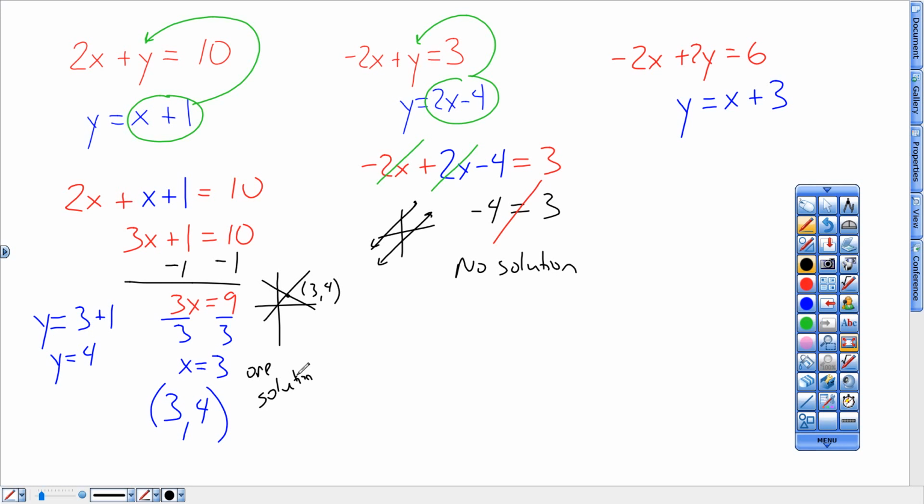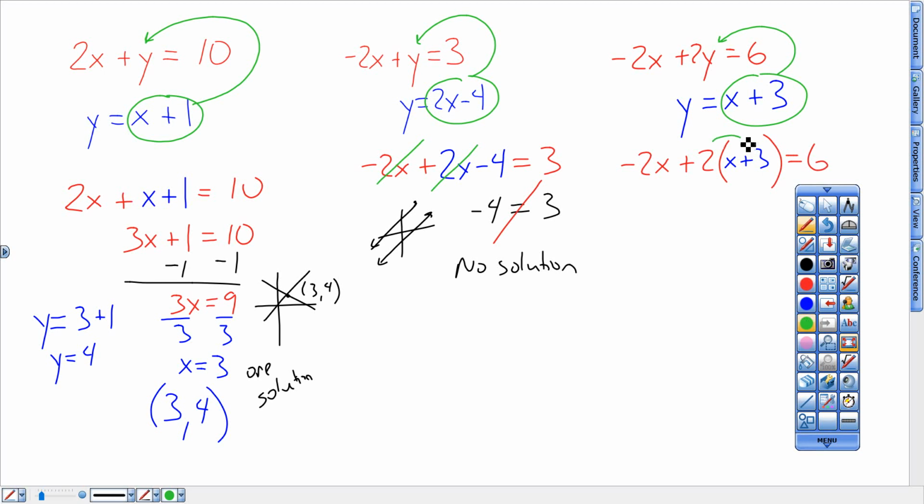So again, if you're doing substitution or elimination and everything goes away and you're left with 2 unequal numbers, no solution. If you do substitution, watch this one and plug this one in right here. This one's a little bit harder. I'll get negative 2x plus 2. The third word is blue. Blue. Plug that x plus 3 right here. Let me show you what an infinite solution one looks like when you're doing the algebra.